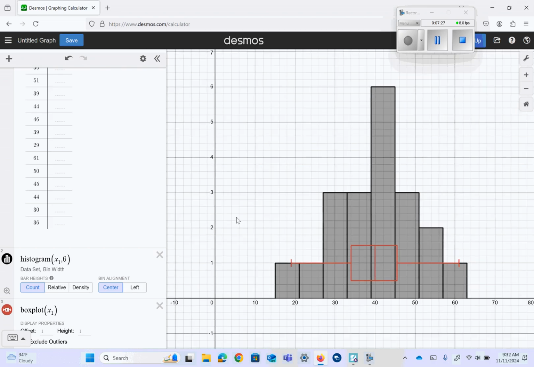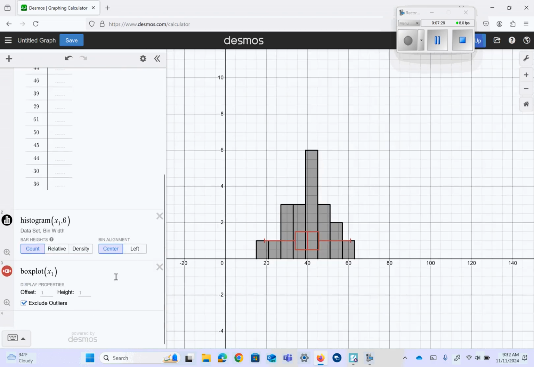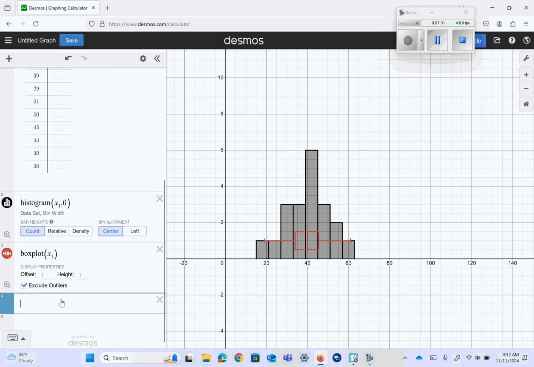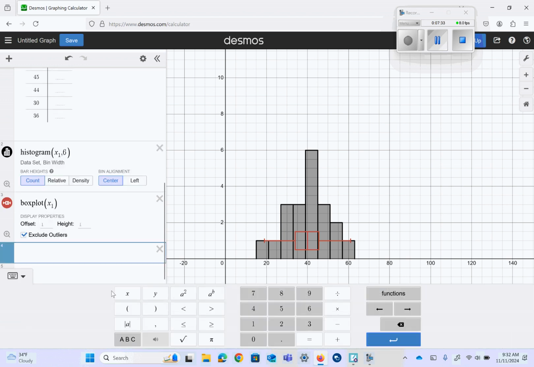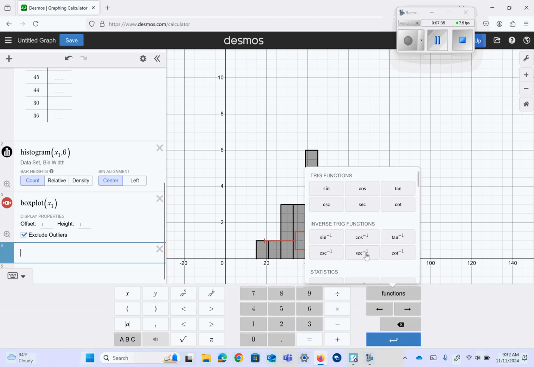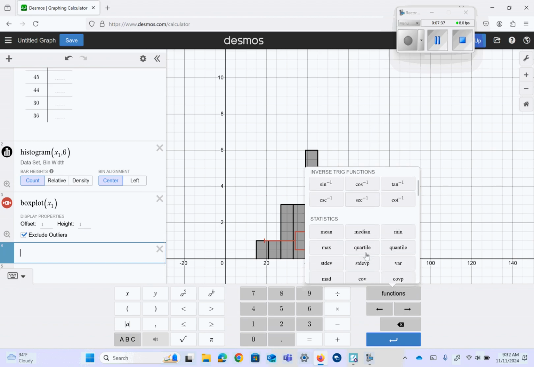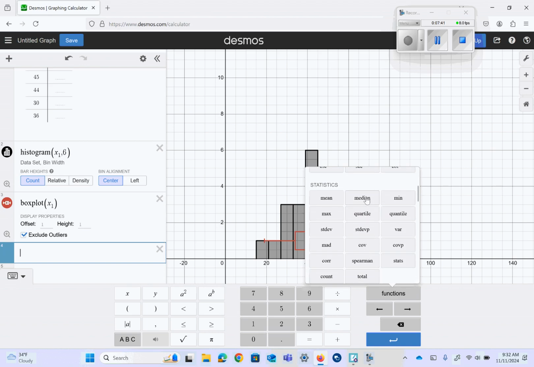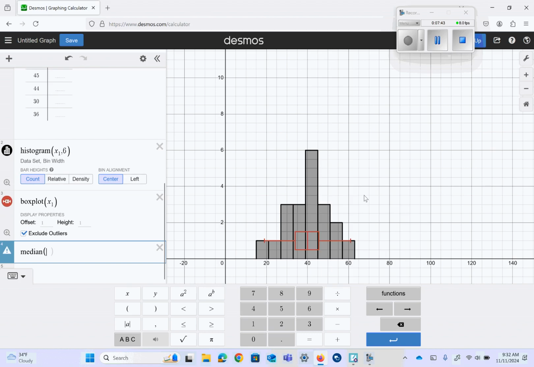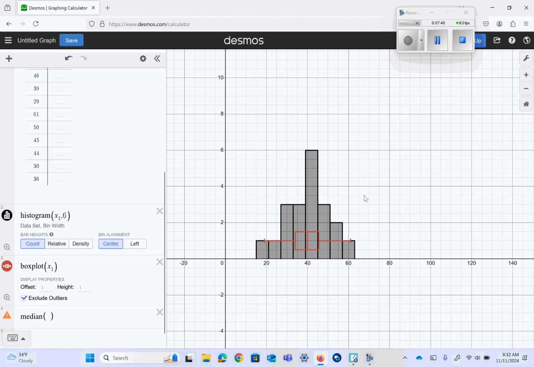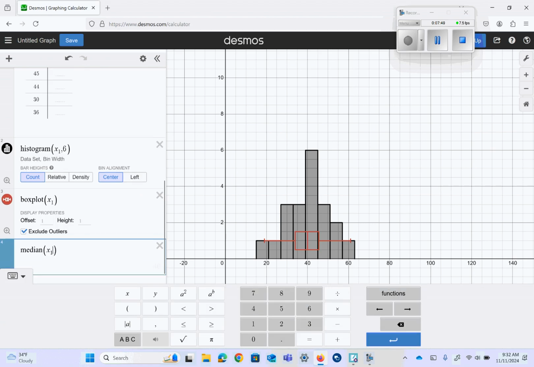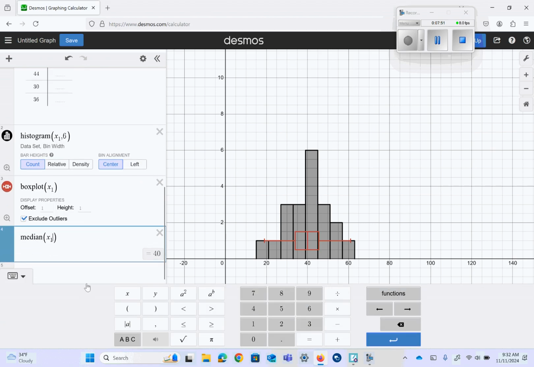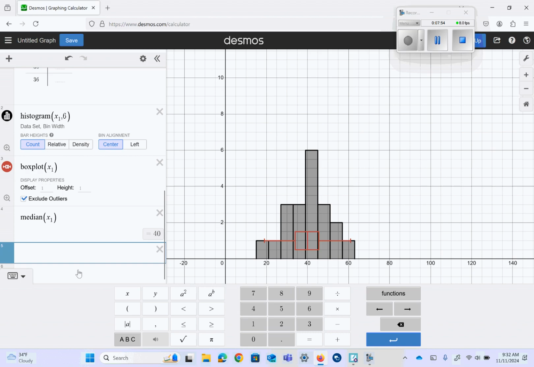A couple other things that we could have looked at with these. Let's find it. It's functions, statistics. We could have done the mean of x1, and then we also could have done the median.